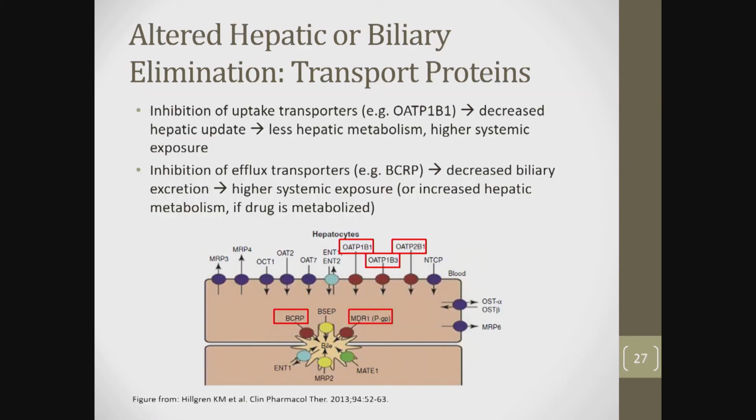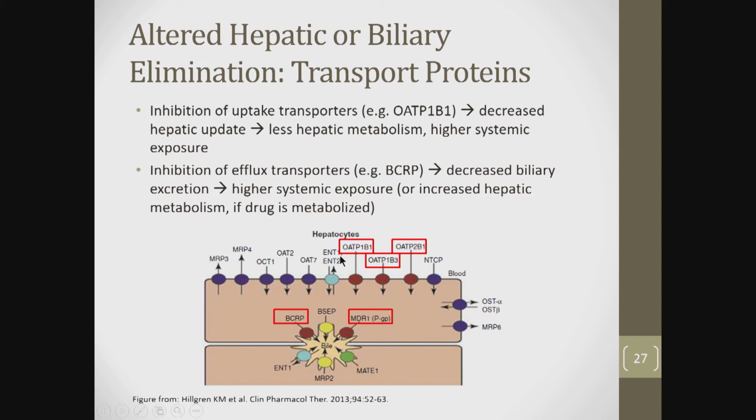So now let's talk about altered hepatic or biliary elimination via transport proteins. So again, we know, of course, that the metabolizing enzymes are inside of hepatocytes. Certain drugs pass permeably, passively into the hepatocyte and don't rely on uptake transport. Yet other drugs don't pass well by themselves and rely on transport proteins, most notably OATP1B1, 1B3, and 2B1 as some common ones for uptake into hepatocytes.